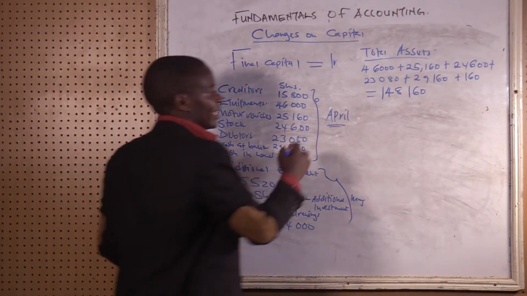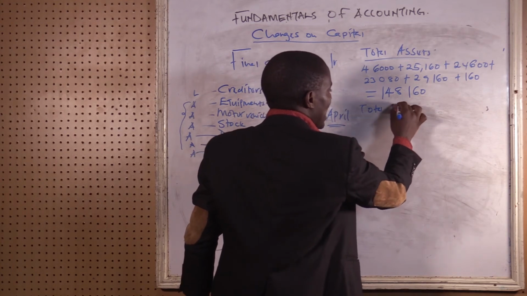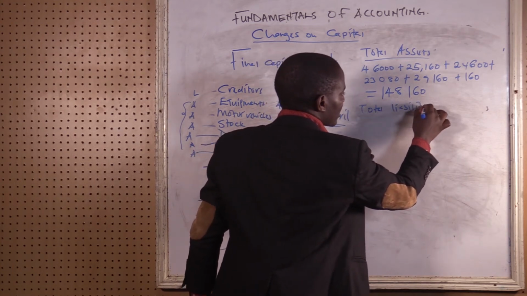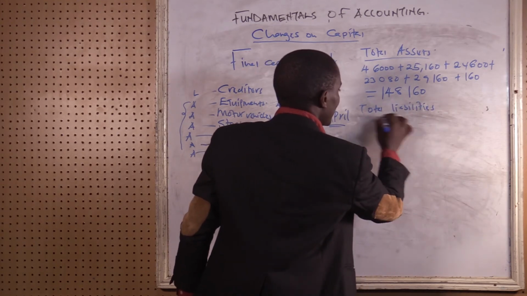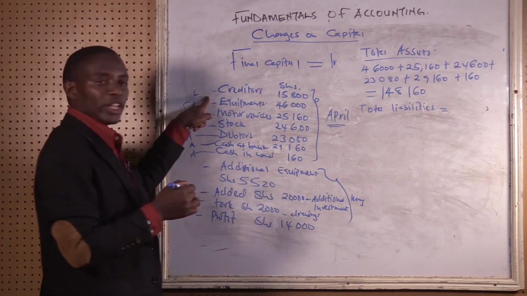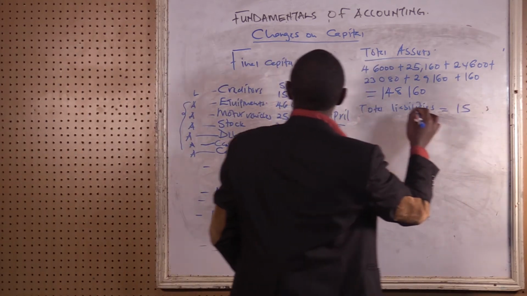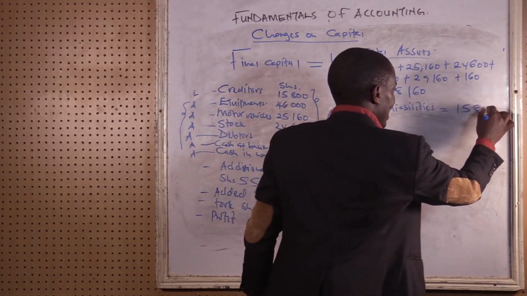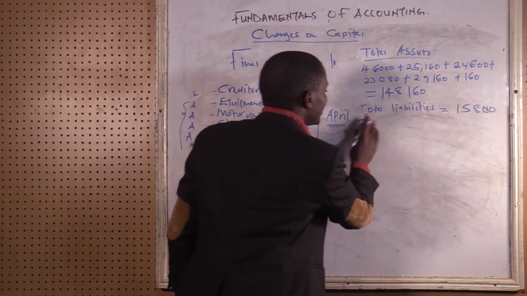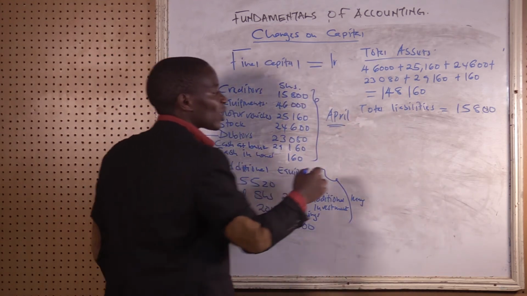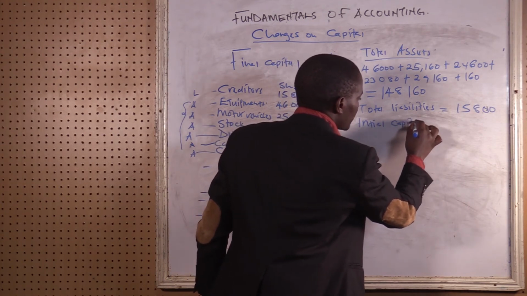We had also computed our total liabilities. We had only one liability, that is creditors, at 15,800. So when we get our capital, this is what we shall call the initial capital.